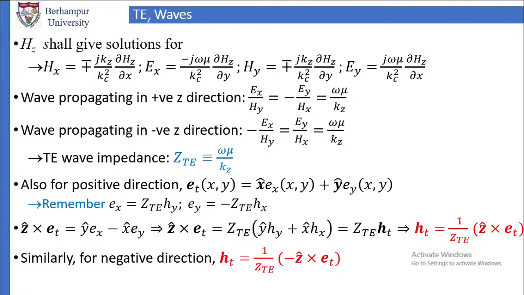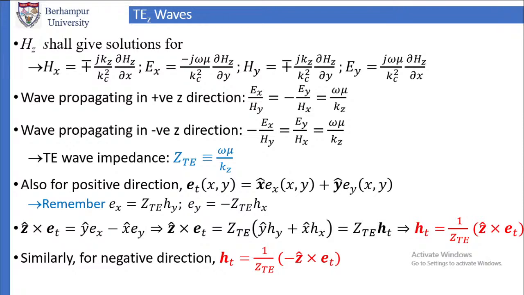That I can write as ZTE times the transverse component of the magnetic field, Ht. So z cap cross Et is equal to ZTE into Ht, and from that you can write Ht is equal to 1 by ZTE into z cap cross Et.